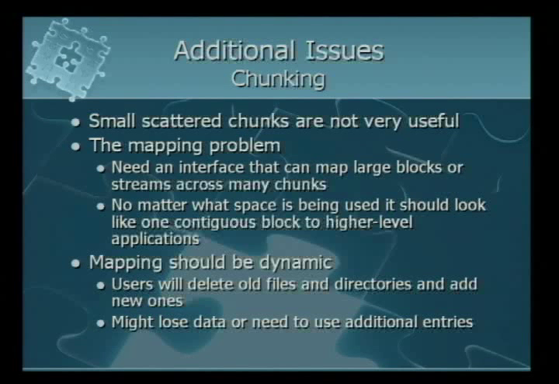Also, you want that mapping system to be dynamic. We try to be safe and not lose an MFT entry, but what happens if we do? We want a way to replace it, perhaps grow if we need more space, or if people add more files to their file system. We're able to dynamically change how we're doing things to keep up and maintain both our persistence and our ability to react to things that go on. So you need some sort of dynamic mapping.